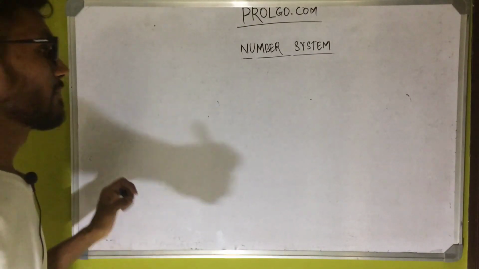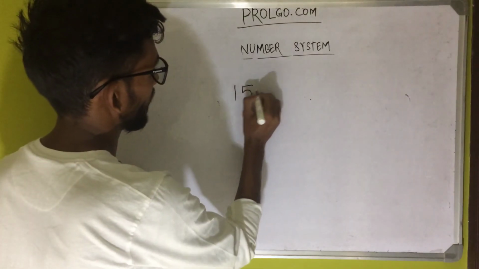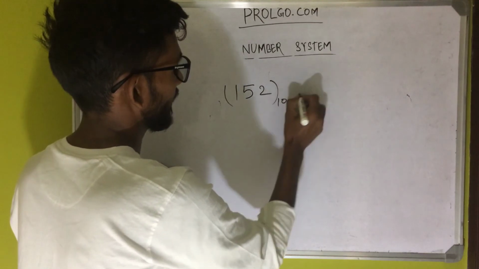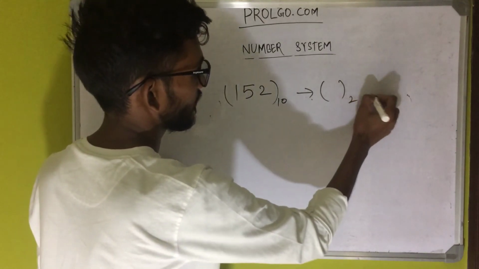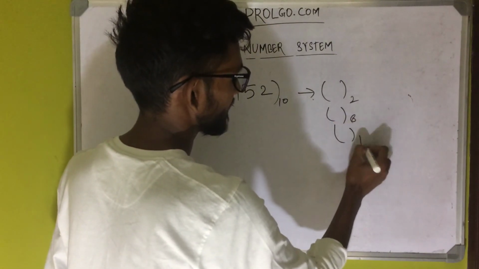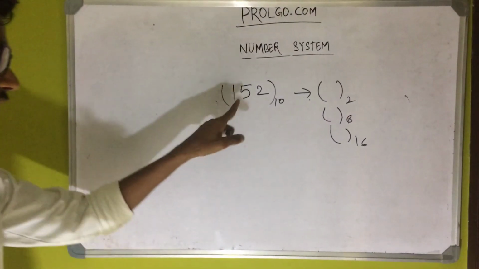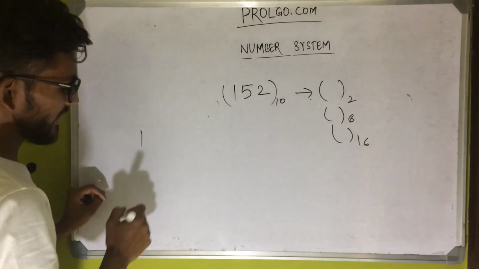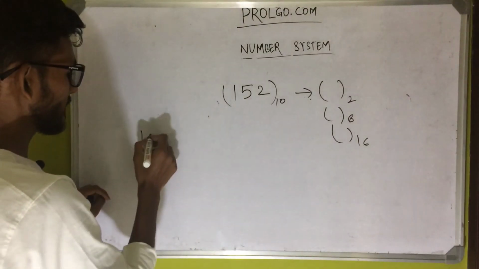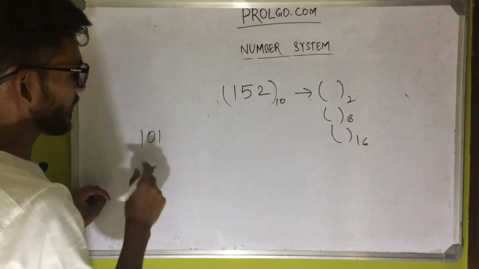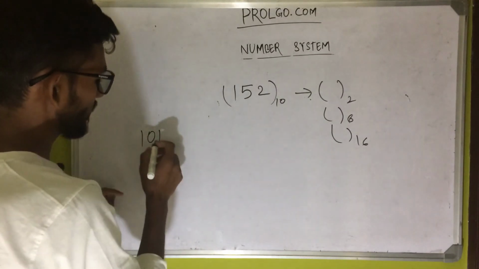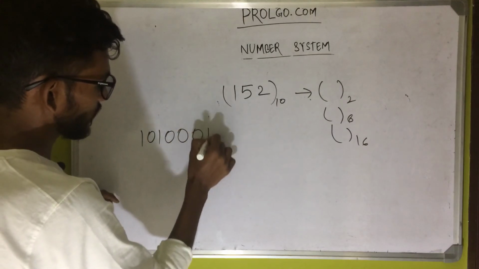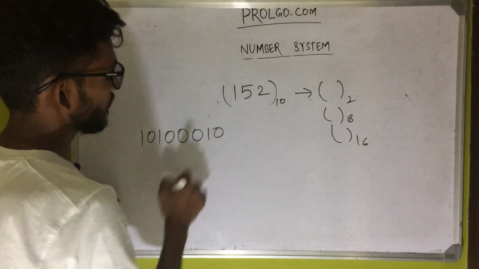Let's take another example, say 152, and you have to convert this number into binary, octal and hexadecimal. Again, as I told you, first you have to convert this decimal number into binary. So it would be 128, plus 16, plus 8, then 4, 2 and then 1.